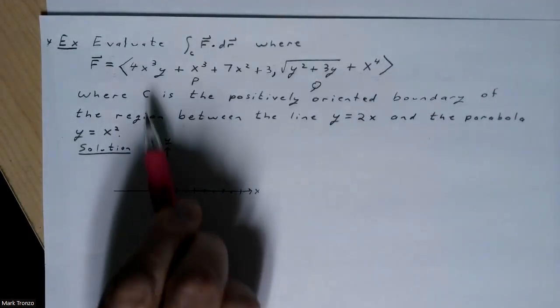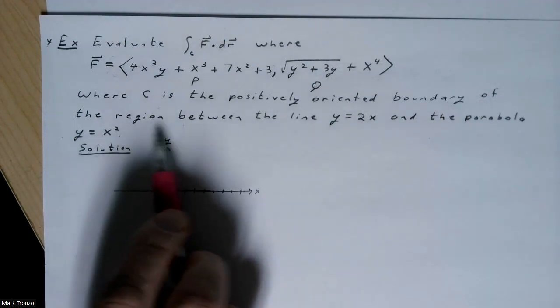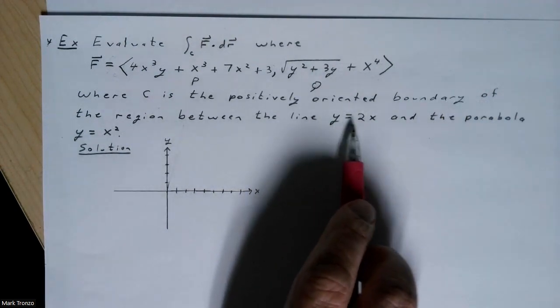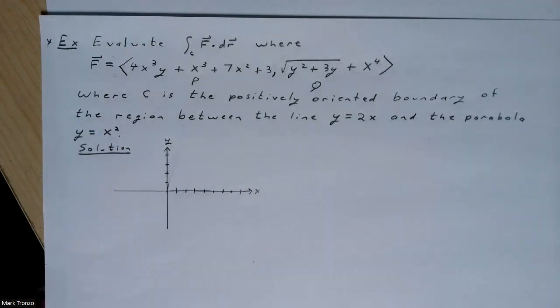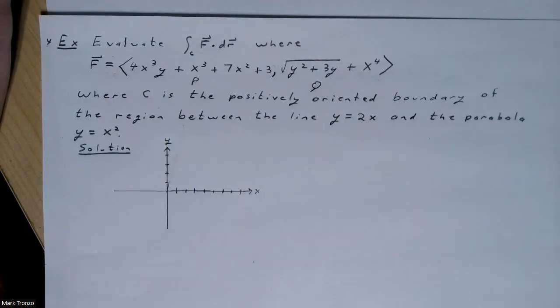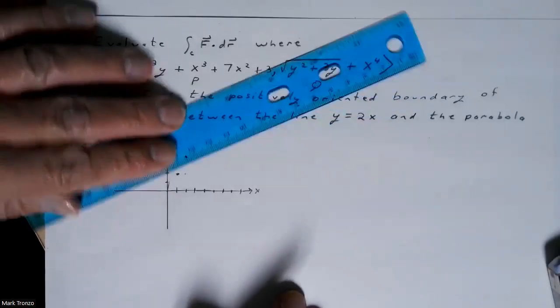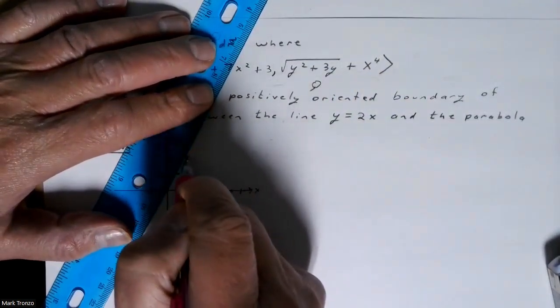And now the curve C is the positively oriented boundary of the region between the line y equals 2x and the parabola y equals x squared. And so let's actually draw this to see what region we're talking about. So let me draw the line.